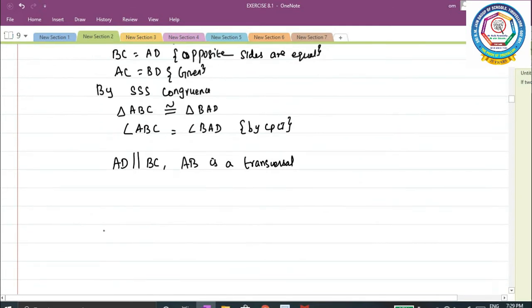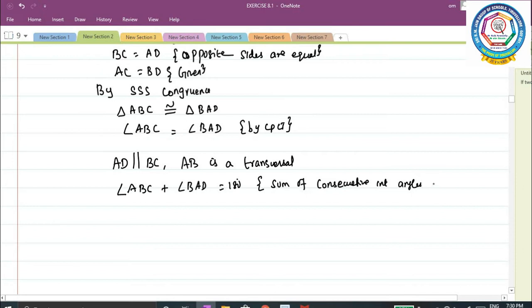So we have to write angle ABC plus angle BAD equals 180 degrees, sum of consecutive interior angles on the same side of the transversal is 180 degrees.